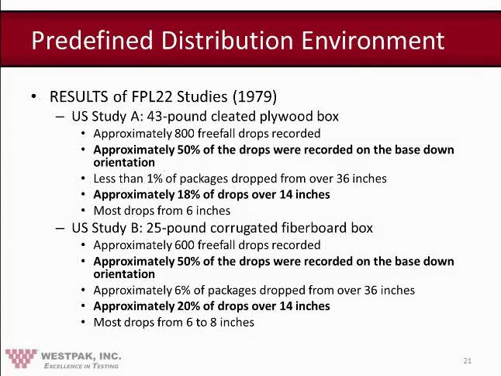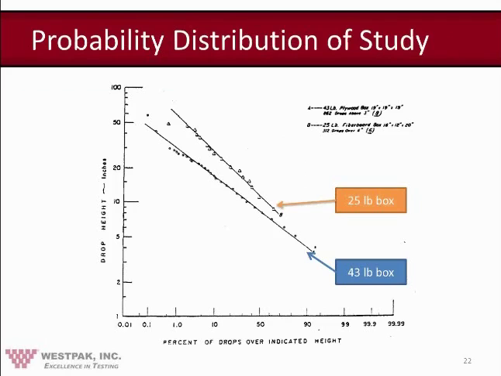On the next slide, we actually see a graphical representation of the distribution of these impacts as a function of the drop height versus the percentage of impacts that occurred at or above that drop height, actually at or below. So you see a pretty distinctive pattern, a linear relationship between the height of an impact and the percentage of drops above that indicated for various weights of package systems.